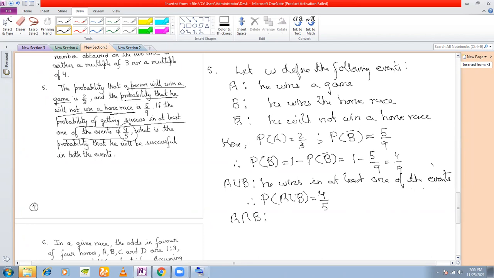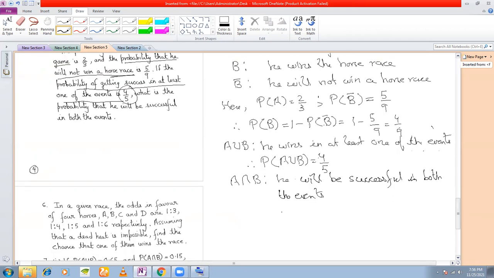A intersection B is the event that he wins, or he will be successful, in both the events, right? So what do we need to find here? We need to find P(A intersection B), right?